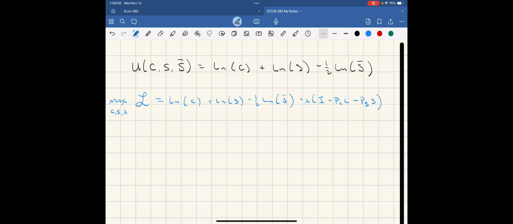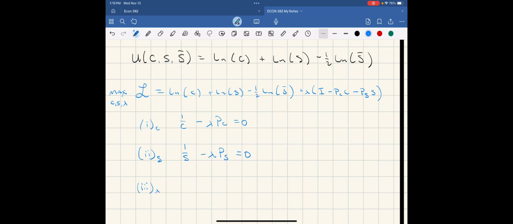And so when we take our first order conditions with respect to C, we get 1 over C minus lambda PC equals 0. Our first order condition with respect to S is 1 over S minus lambda PS equals 0.